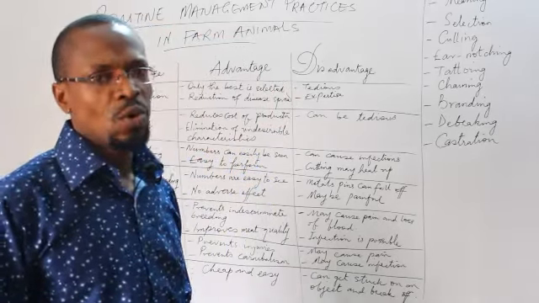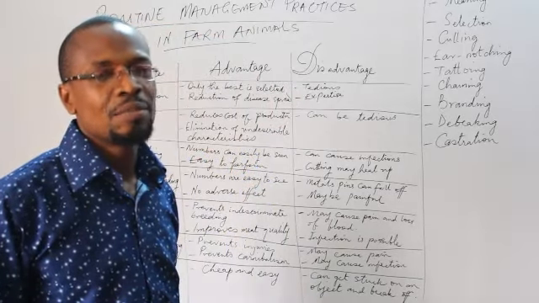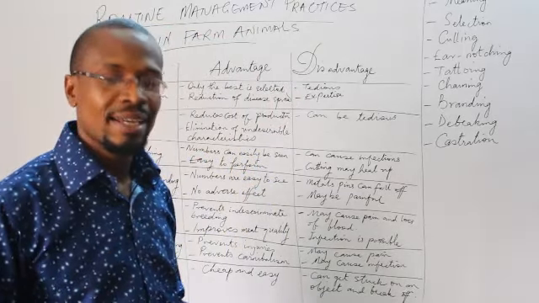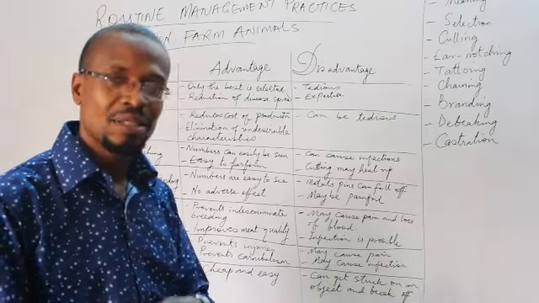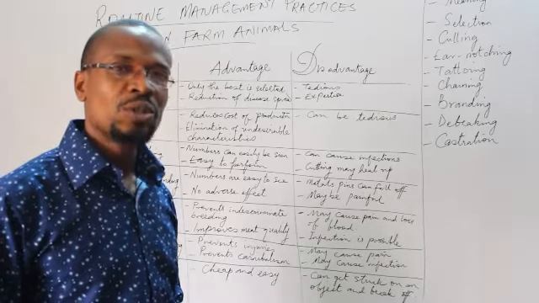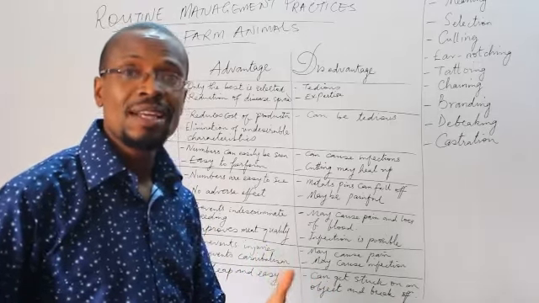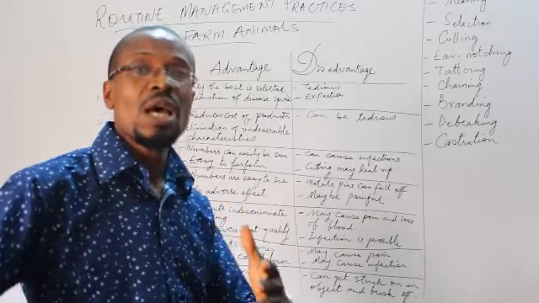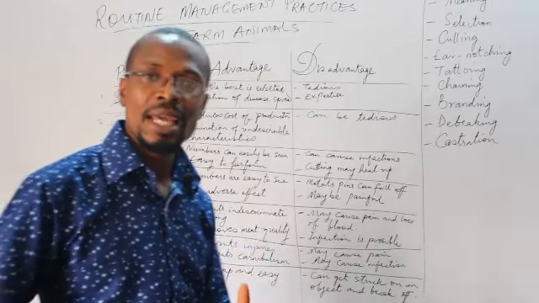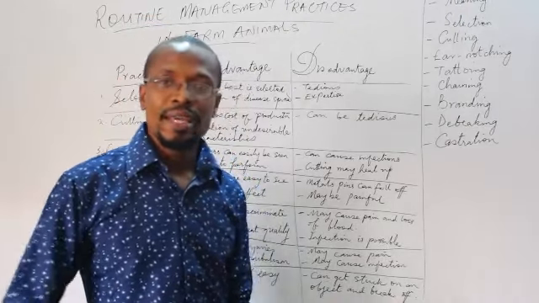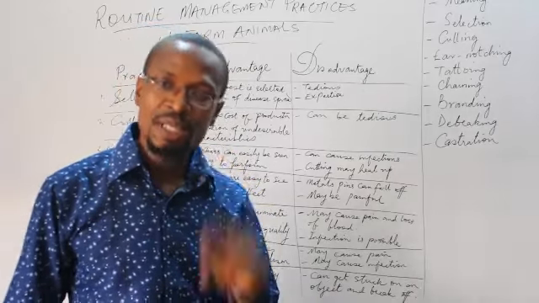But first of all, what do we mean by routine management? Just as the name implies, routine management practices. A routine is something you do like a ritual, something that comes on and on, like every day, every week, each time you have to repeat that practice.